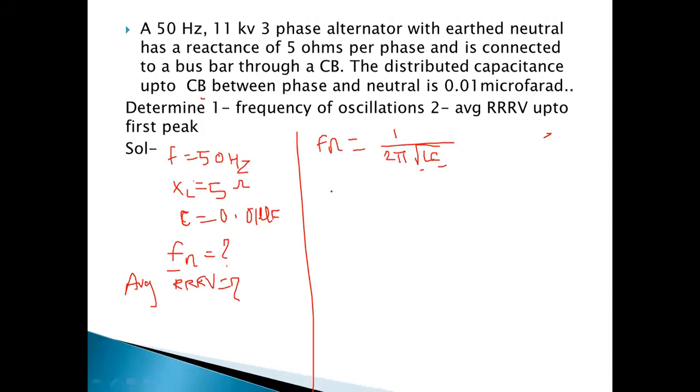Here XL is equal to 2 pi FL, so L is equal to XL divided by 2 pi F. XL is 5, divided by 2 pi into 50.